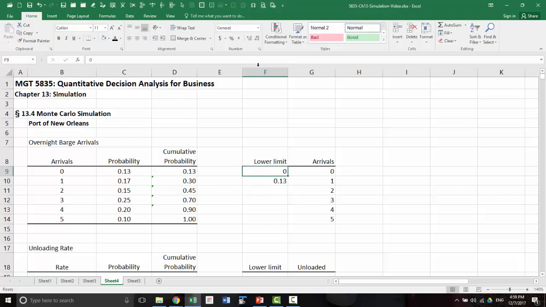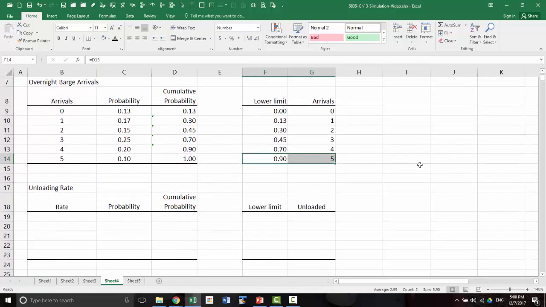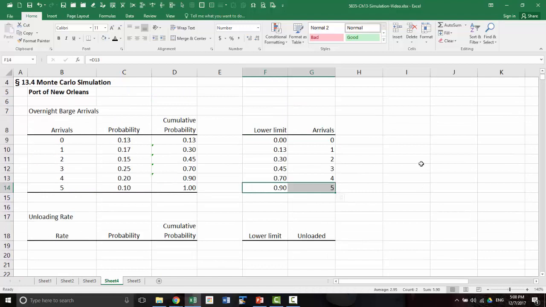Okay, so when you do it between 0 and 1 using the RAND function, we really don't have to worry about whether this lower limit goes with that or with the other one, because the probability of that is 0. It's a continuous probability. So now with this, we'll be able to simulate the arrivals, right?